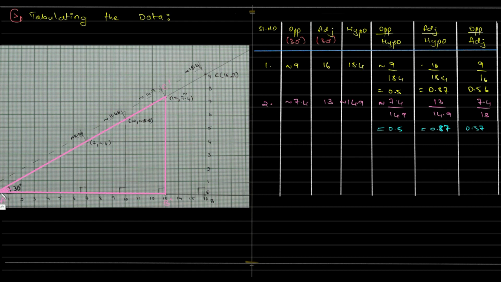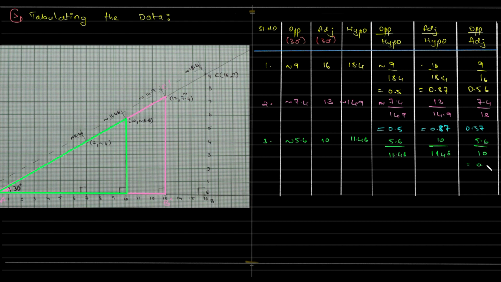Next is this triangle. So the third one, the opposite side is 5.6, adjacent is 10, hypotenuse is 11.46. 5.6 divided by 11.46, 10 divided by 11.46, and 5.6 divided by 10.